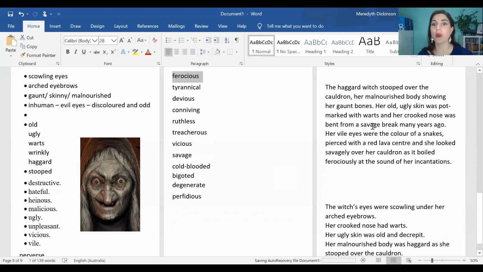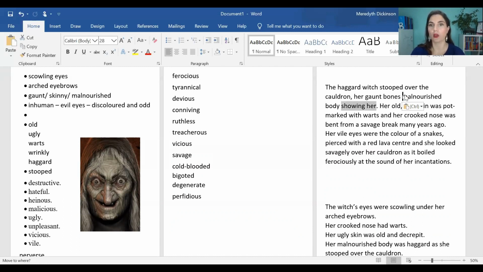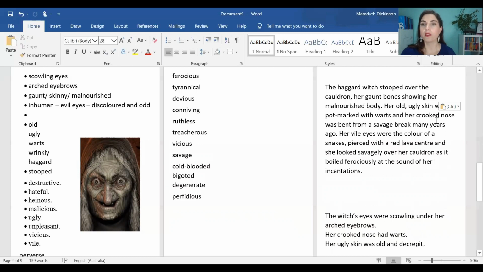So the haggard witch stooped over the cauldron, her malnourished body showing her gaunt bones. I might switch that around. Her gaunt bones showing her malnourished body. I think that would be better if it was around that way. Her old ugly skin was pot marked with warts, and her crooked nose was bent from a savage break many years ago.